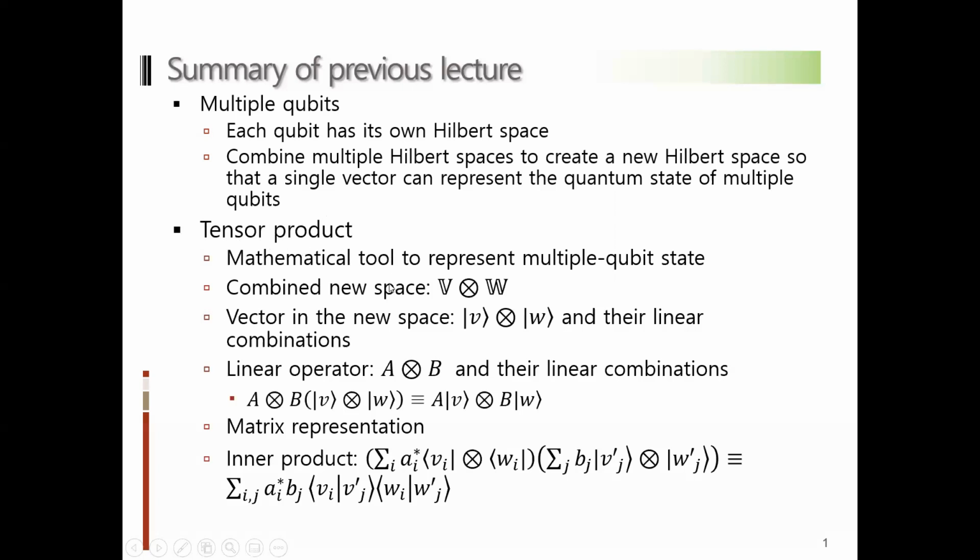Even though the terminology might sound a little scary, the way it is combined is quite simple. The tensor product space is represented in this notation, and each vector space represents the corresponding vector space of each qubit.